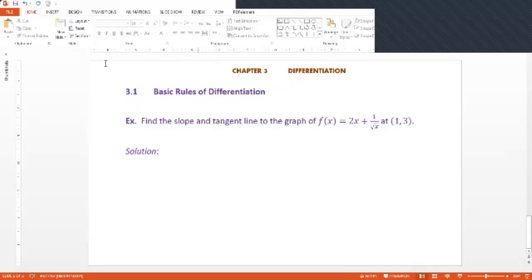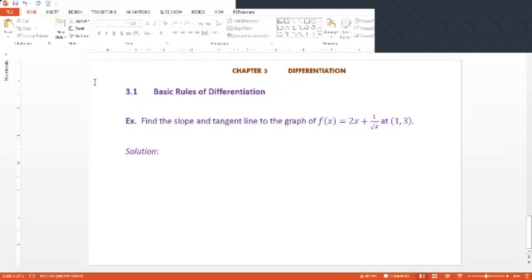And then we need to find the tangent line to the graph at this point. Or in other words, we need to find the equation of the tangent line of the graph at this point. So let's just do the slope first.